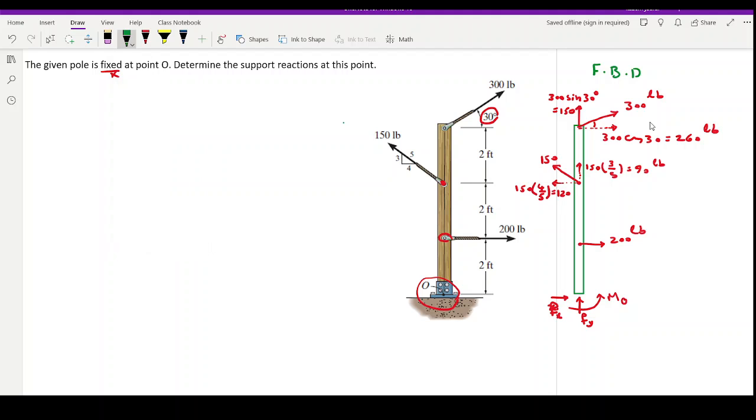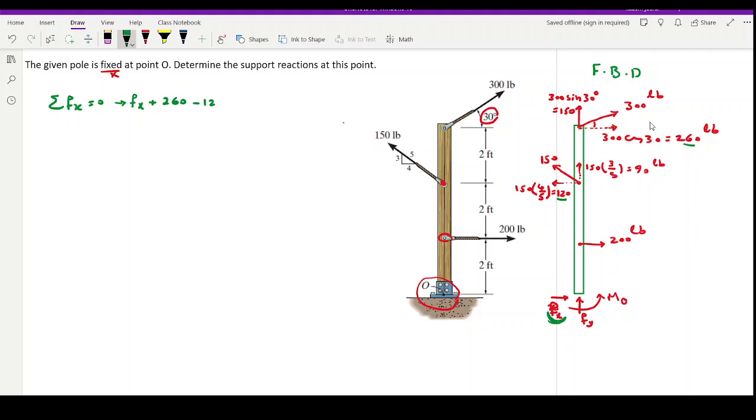So let's use another color. Sigma Fx is 0. From here, now I can collect all forces acting in x direction and find this Fx that I am looking for. So Fx plus 260, minus 120 plus 200.